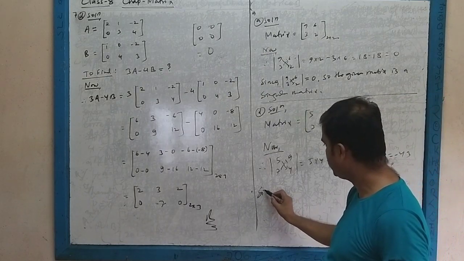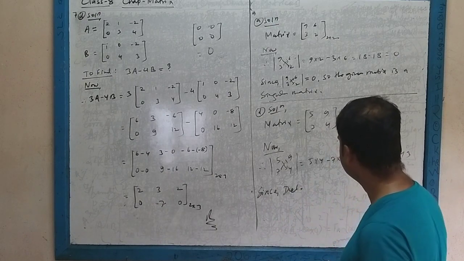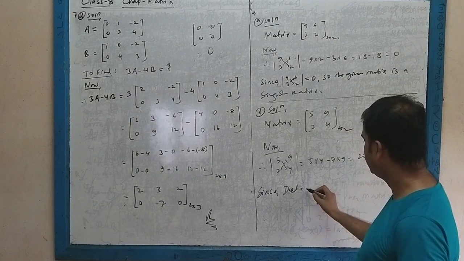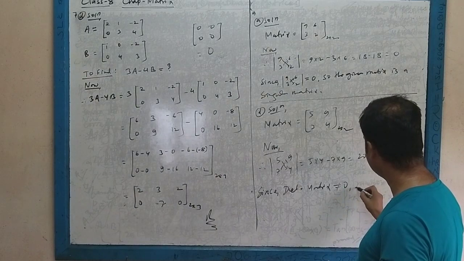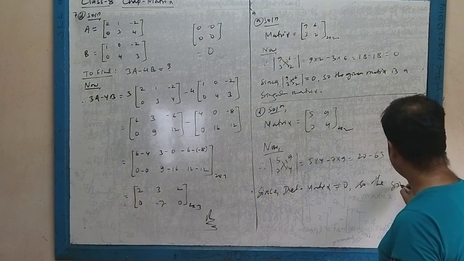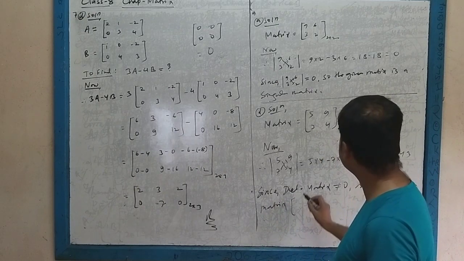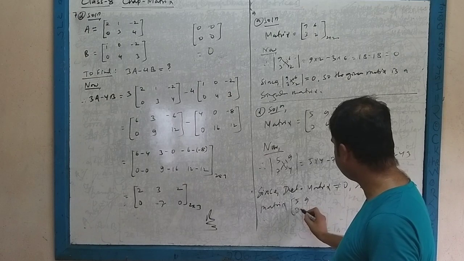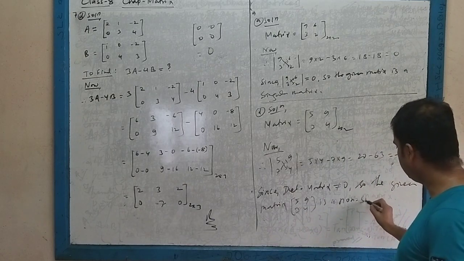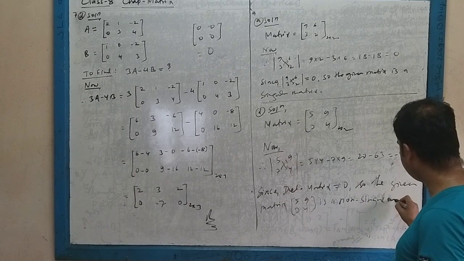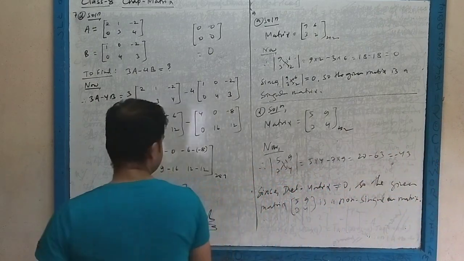Since the determinant of the matrix is not equal to 0, the given matrix, that is 5, 9, 7, 4, is a non-singular matrix. Okay, it is a non-singular matrix.